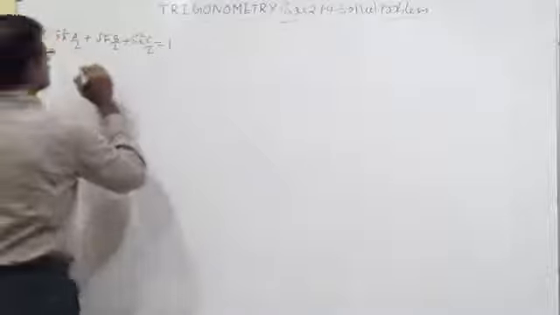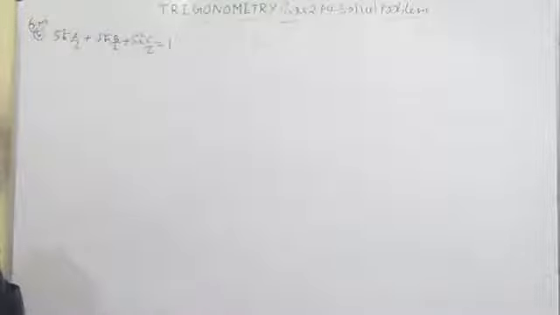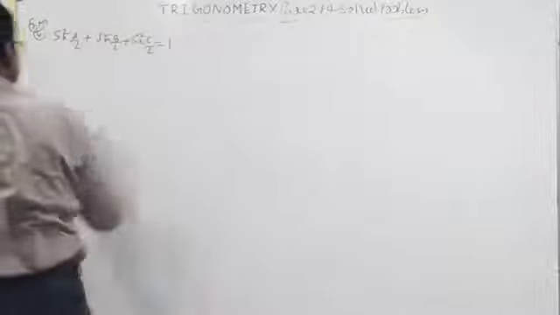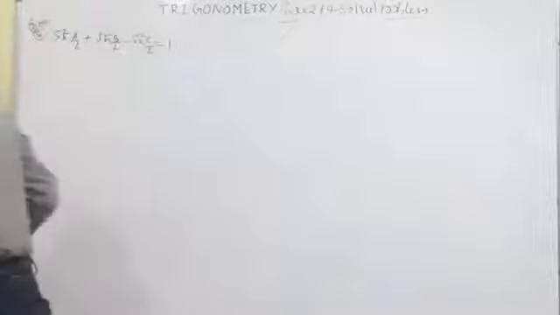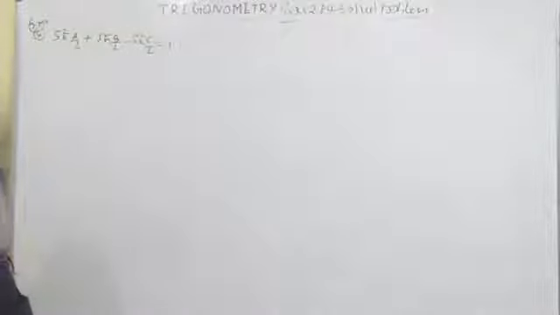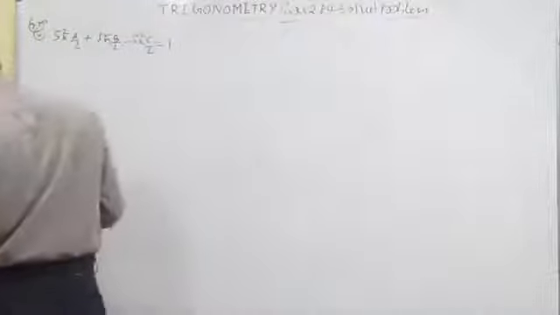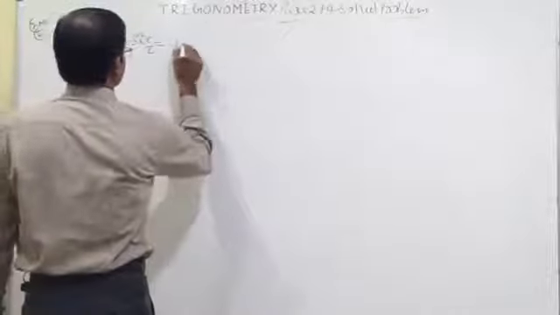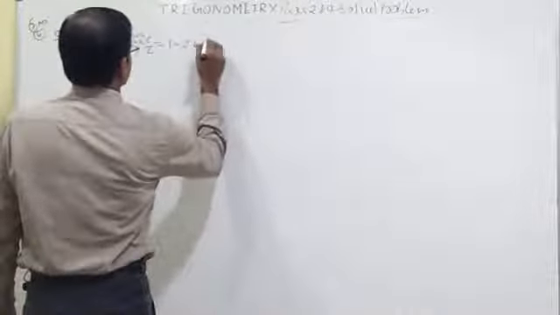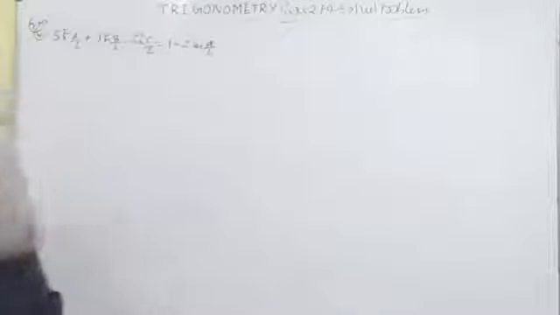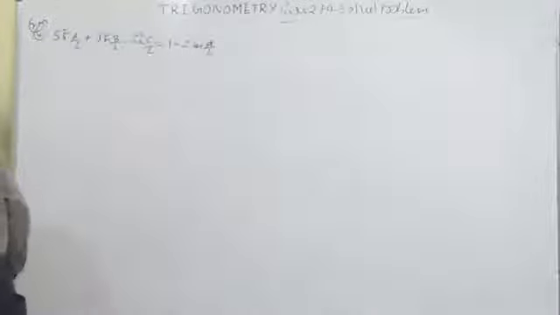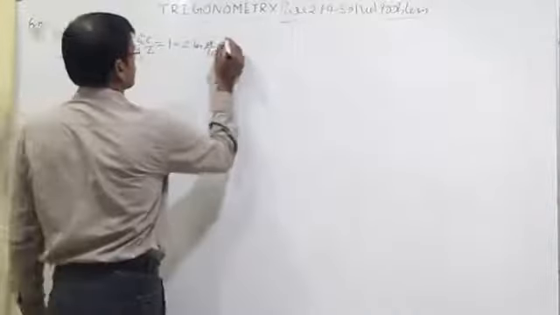Sin square A by 2 plus sin square B by 2 minus sin square C by 2, not plus, is equal to 1 minus 2 cos A by 2 cos B by 2 sin C by 2.